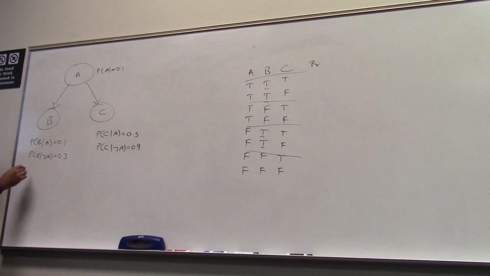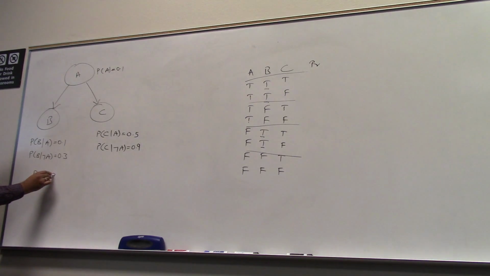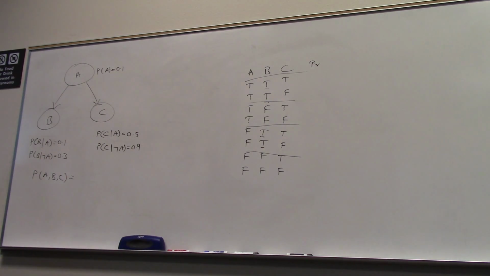So let's, what is PA? This is the first entry of the table, right? Is this where we use the chaining rule to find it? Yeah.